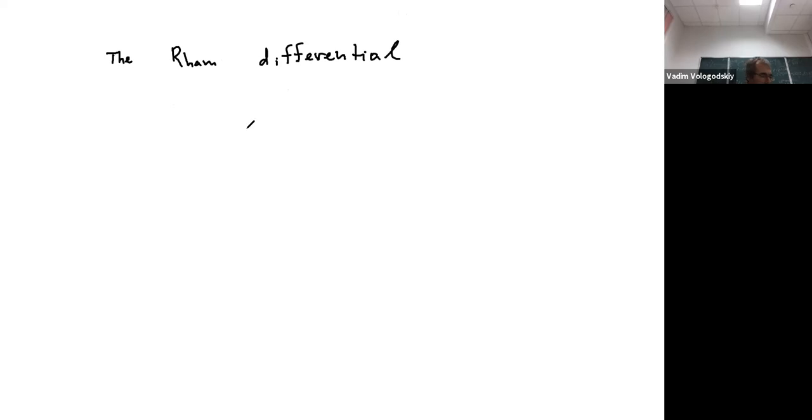So, what is a Duran differential? I will first explain for you some properties. This is a map from differential forms of degree m to differential forms of degree m plus 1. So what you have to remember about this map are the following properties.